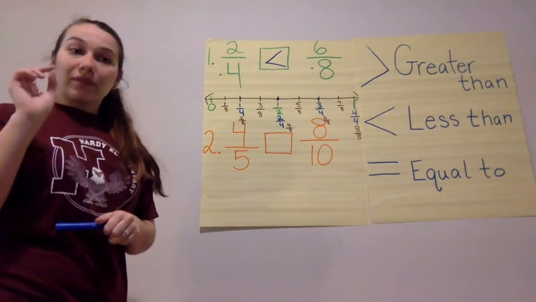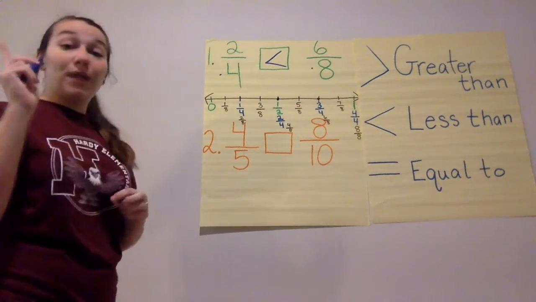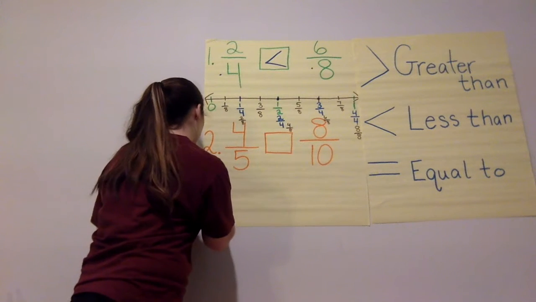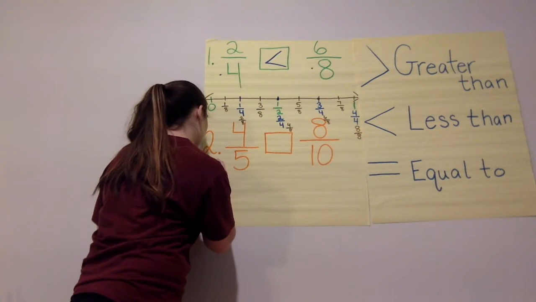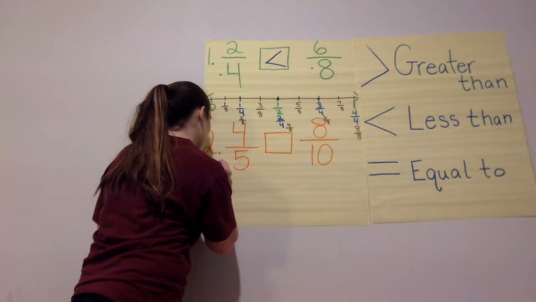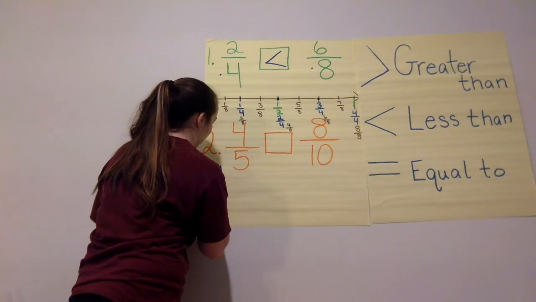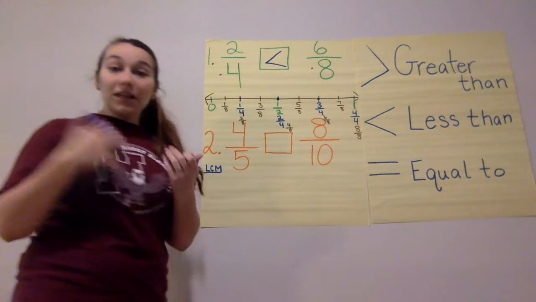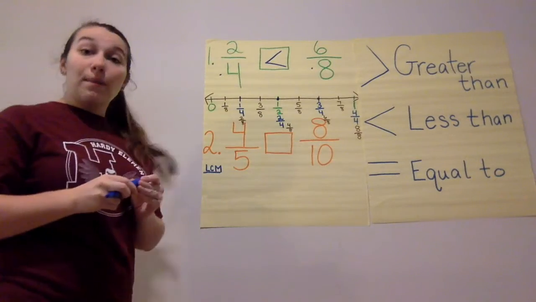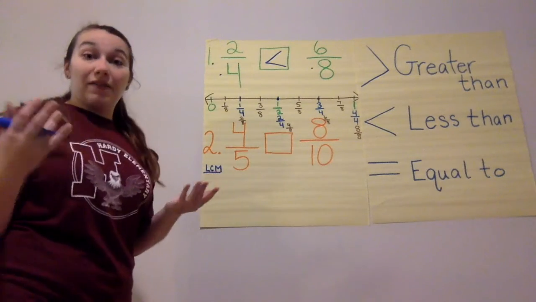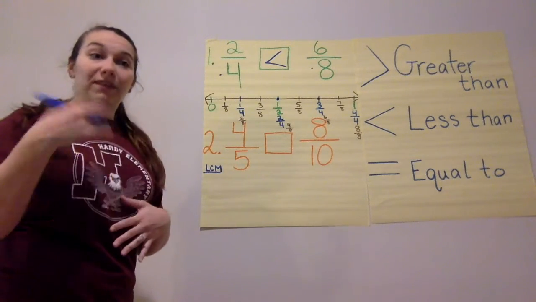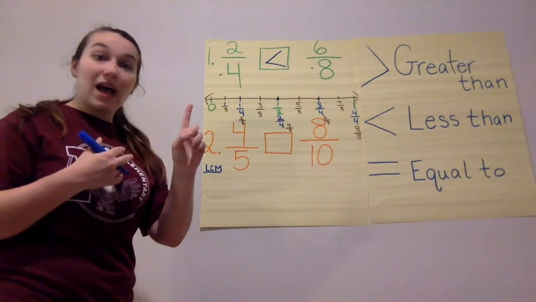So first step, I'm going to do my least common denominator, or least common multiple. So what I'm going to do is list all the multiples of 5. So count with me. 5 times 1 is 5.